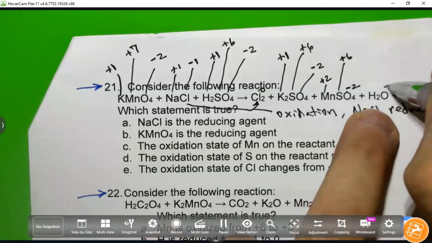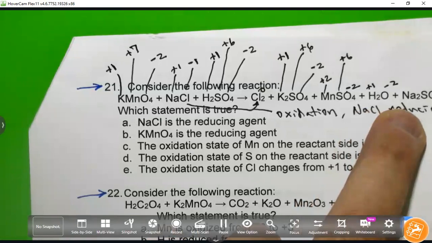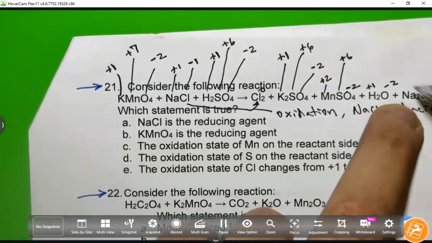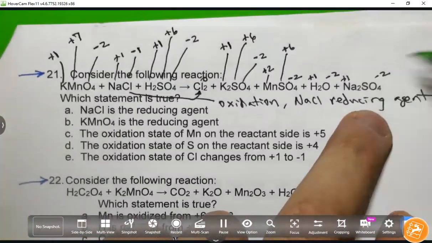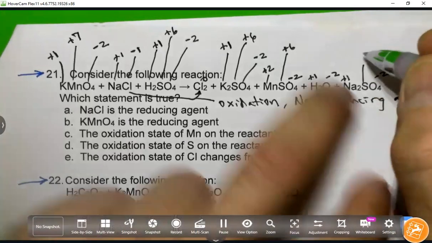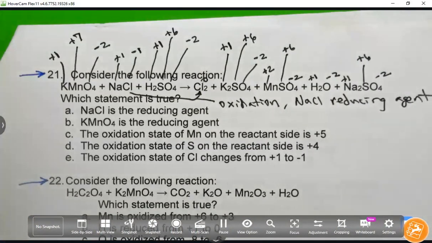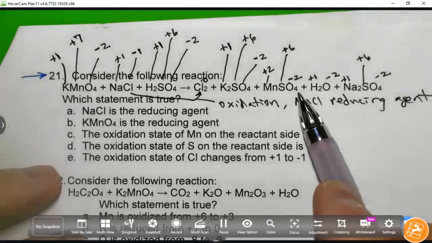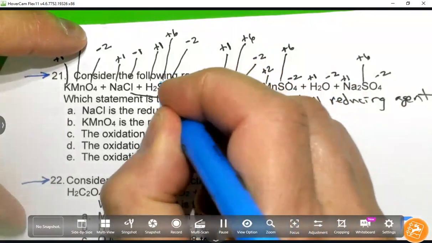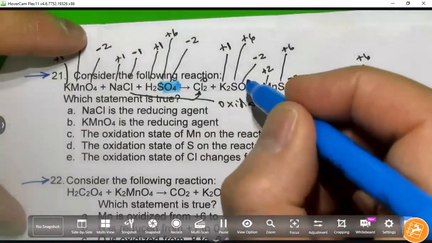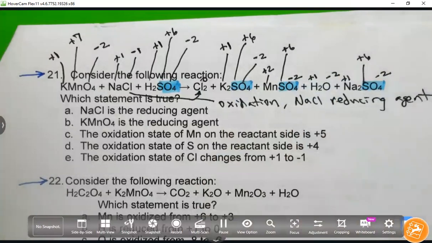And then -2 plus 1 here, no change. That means this is still a +6. So if we assume that this is still sulfate through here, this is not the best problem. If we keep this together as sulfate through here, then the charges stay the same for the sulfur.